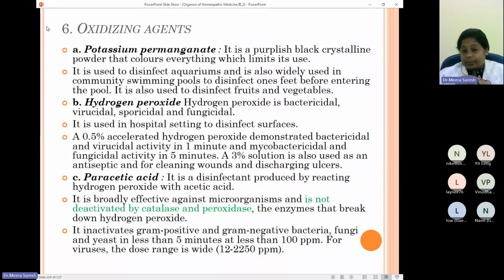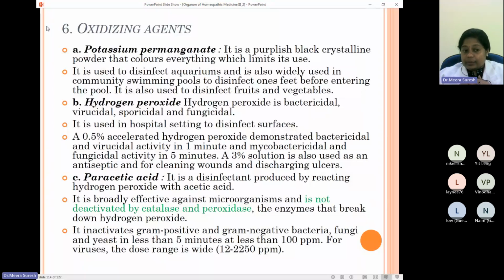The use of potassium permanganate is very much limited. It is used to disinfect aquariums and is also widely used in community swimming pools, especially to disinfect one's feet before entering the pool. It is also used to disinfect fruits and vegetables. However, it is limited because of the color residue it leaves behind.